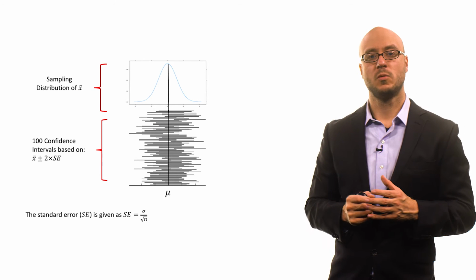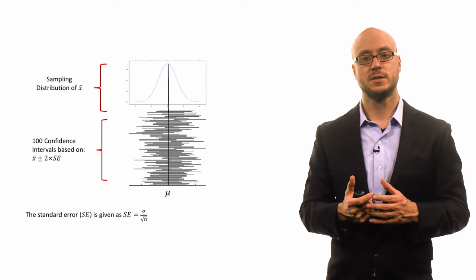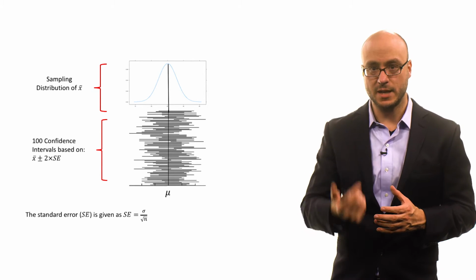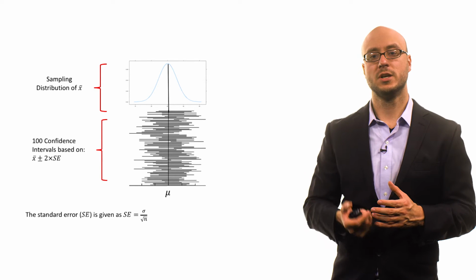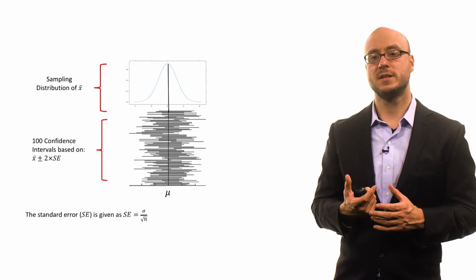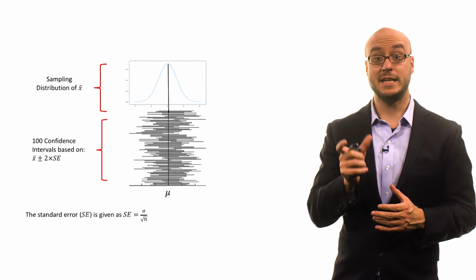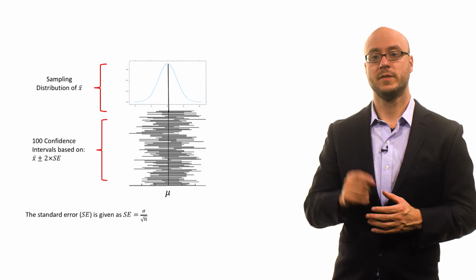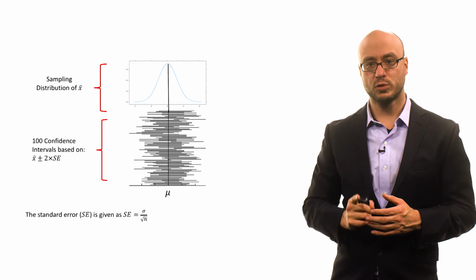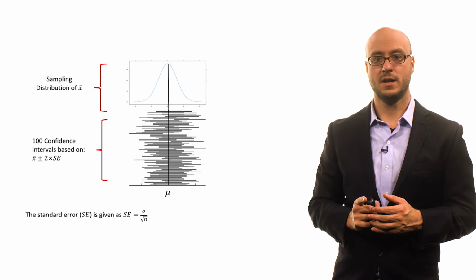Here we have 100 confidence intervals based on 100 different random samples of the same sample size from that population. We can say we're 95% confident. We expect 95% of these intervals to contain the true population mean. See that population mean mu? It's going to go through 95% of those intervals.